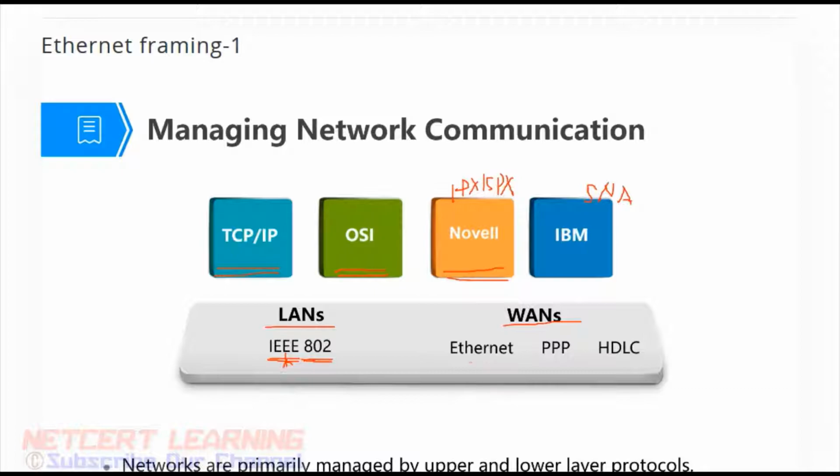Nowadays we usually use Ethernet. Of course, Ethernet is also a LAN standard, and nowadays Ethernet also has a WAN standard. PPP and HDLC are also used for WAN connections.